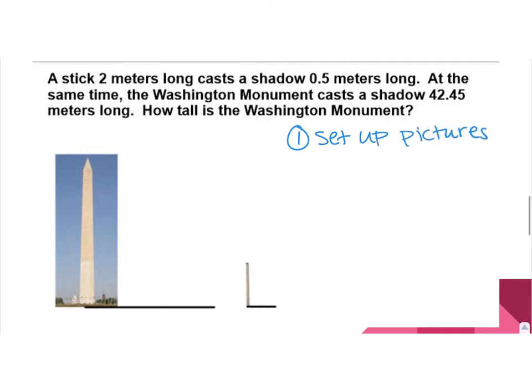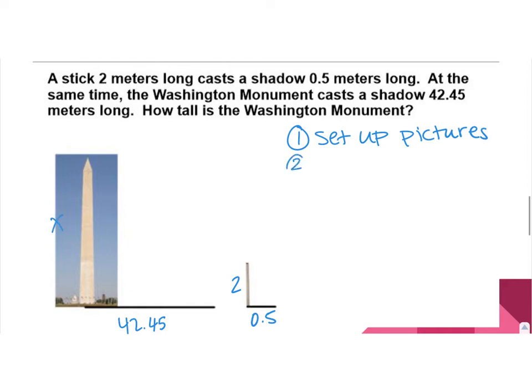So I know that the meter stick has a shadow that is 0.5 meters long. I know that the shadow of the Washington Monument is 42 and 45 hundredths meters long. I don't know how tall, so we're trying to solve for x.